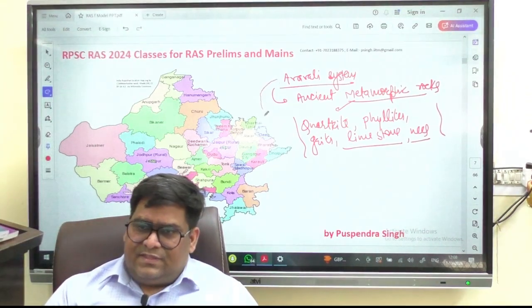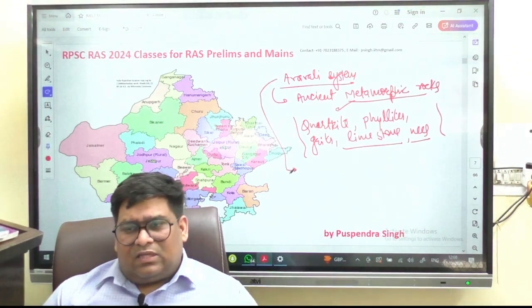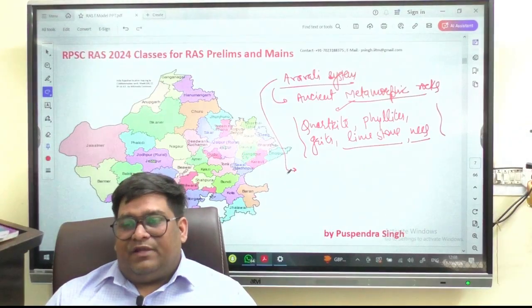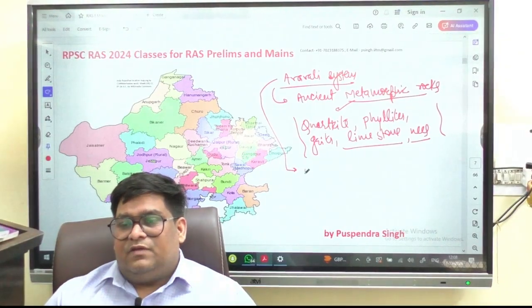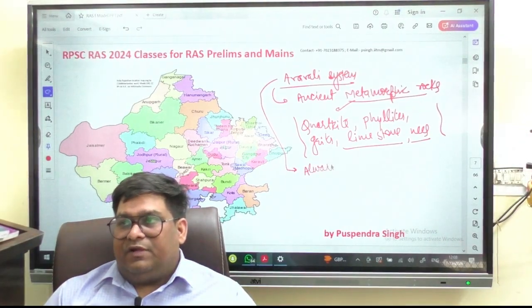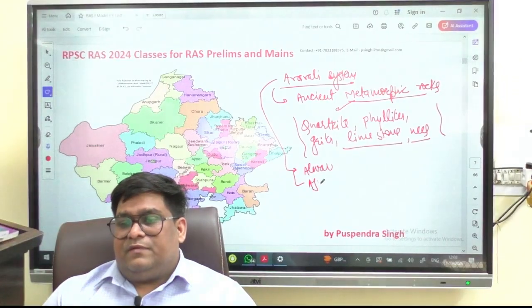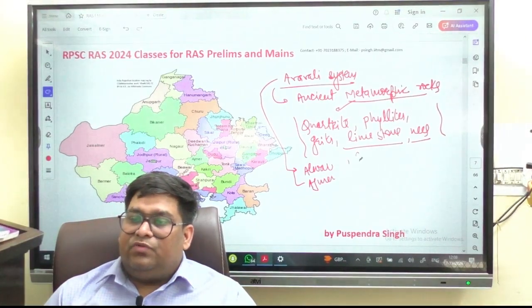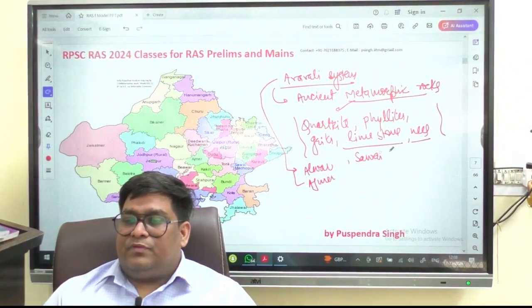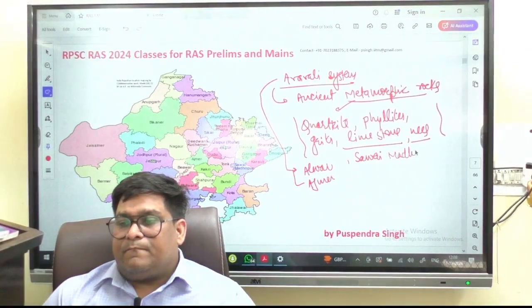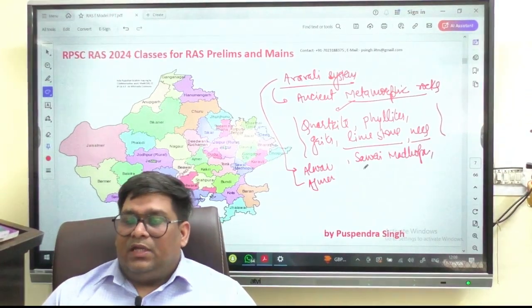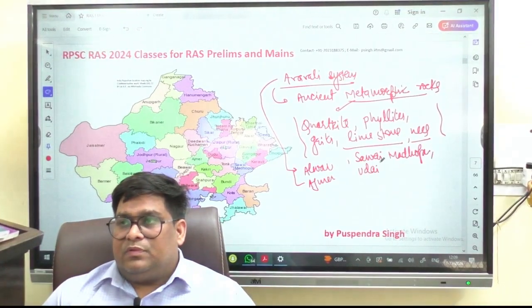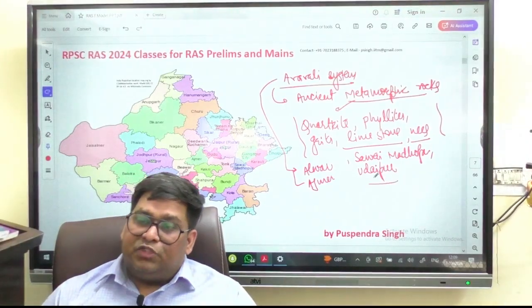This Aravalli system extends to several districts: you have Alwar district, Ajmer, Savai Madhopur, Udaipur.